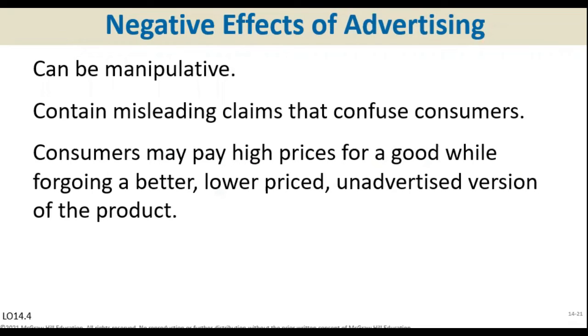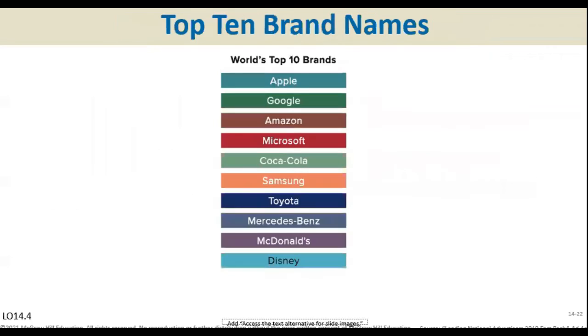Well, advertising doesn't have only positive effects, but it also has a negative side, right? It can be manipulative. It can lead to increased monopoly power and economic inefficiency. This table here shows you the world's top 10 brands.